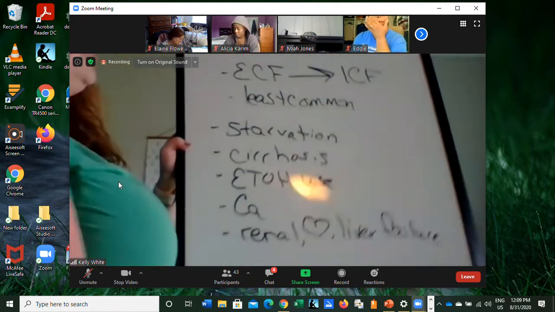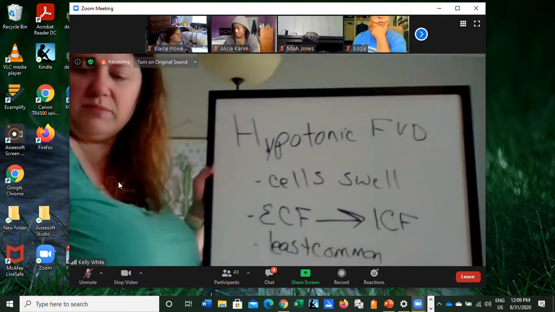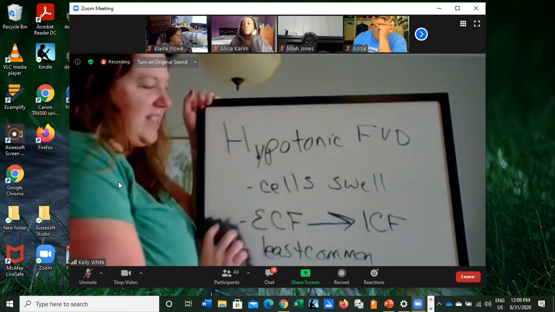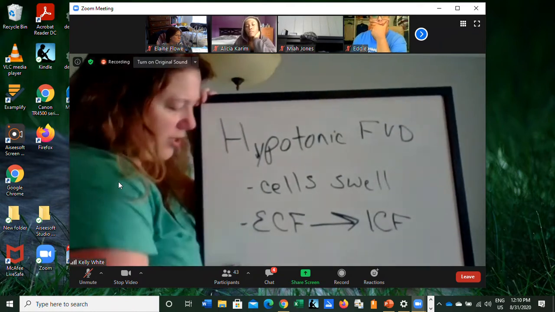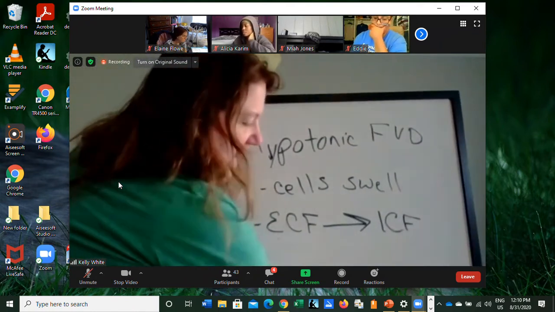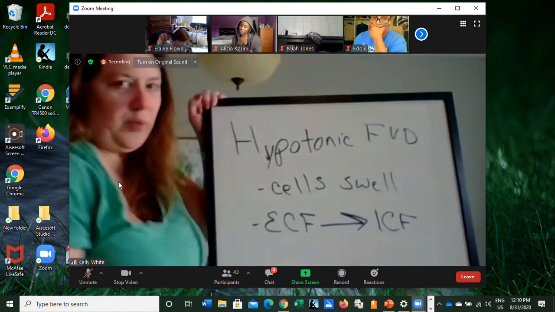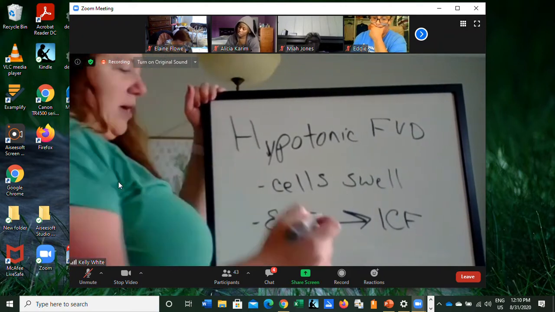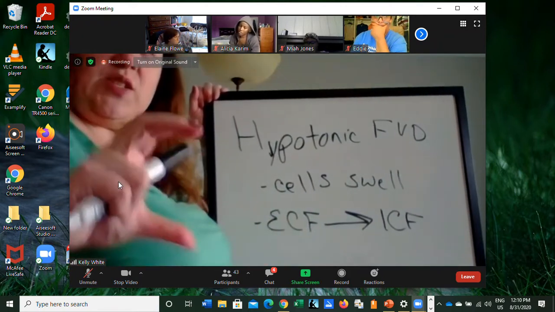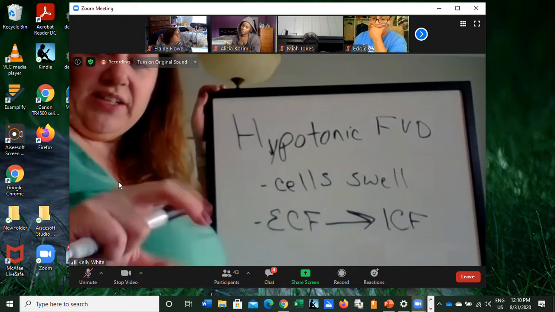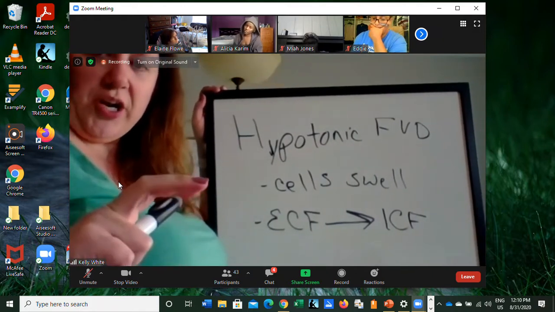Now, with your hypotonic fluid volume deficit, you have your cells that are swelling, right? So we have to be super careful when we have these patients. Because think if you have a cell that is swollen and puffy, full of fluid, it's only got so much it can stretch, right?